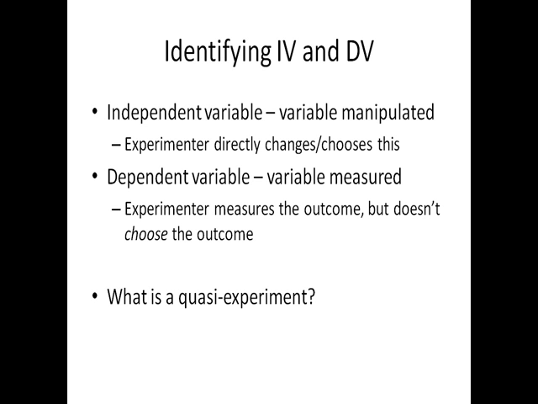Next question. What is a quasi-experiment or quasi-experimental variable? In the case of a quasi-experiment, an experimenter cannot directly manipulate levels of a variable, but still wants to use them to compare groups. So instead of directly manipulating the variable, the experimenter chooses participants based on their level on that variable.